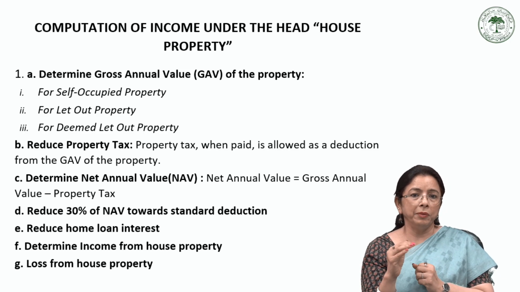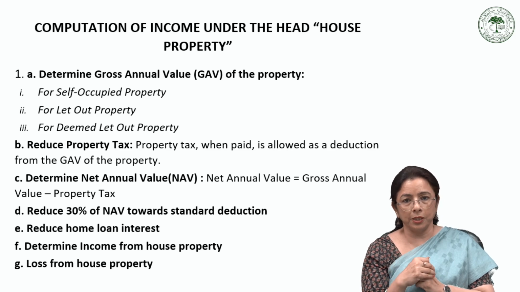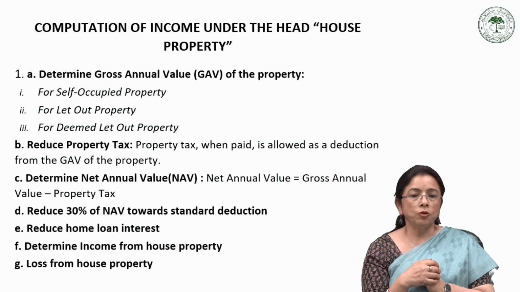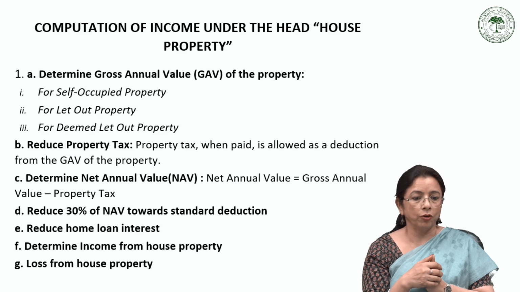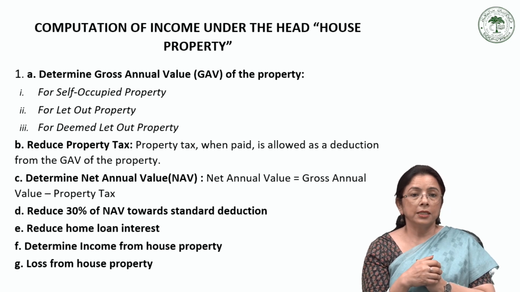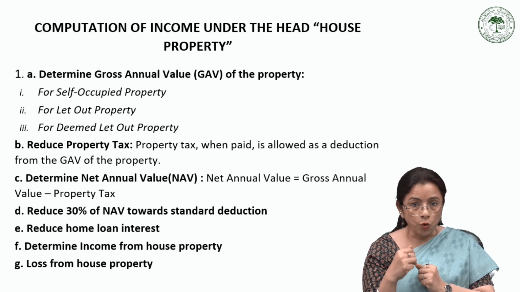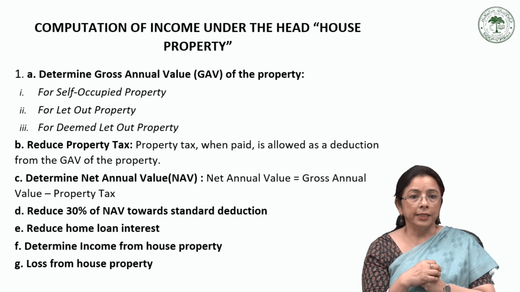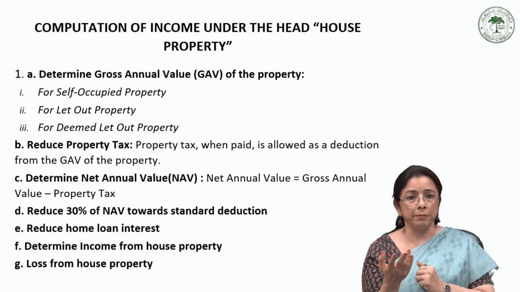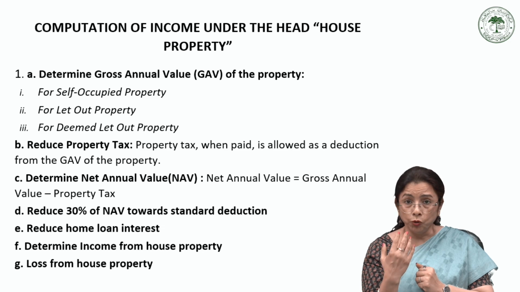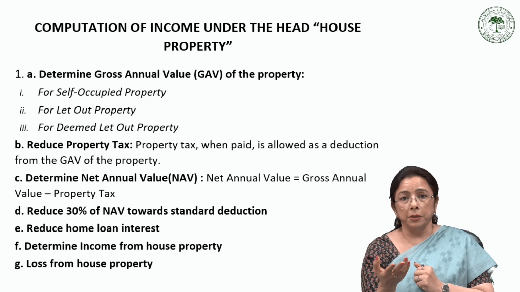So there can be three different types of house properties for the purpose of taxation under the head income from house property. First is the let out property, that is, it is given on rent. The second is self-occupied house property, that is, if the property is used by the owner himself for residential purpose, or maybe it can be used for both, self-occupied as well as rented out.